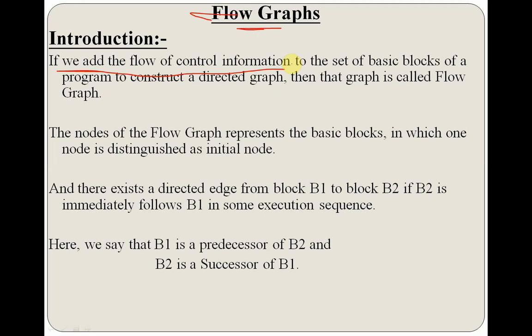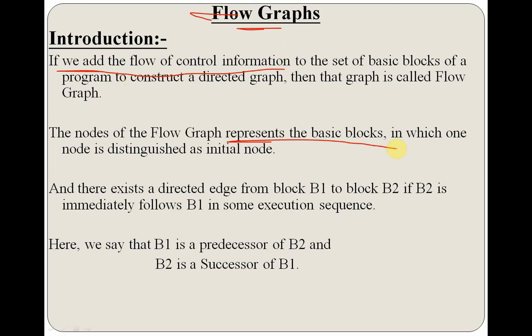That means for any 3 address code we can write the basic blocks. If we add the flow of control information to the set of basic blocks, that is, how the flow enters from one block to another block, that graph is called a flow graph. The nodes within the flow graph represent the basic blocks usually.